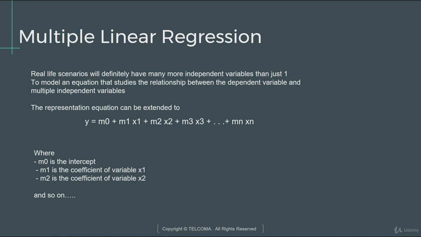Simple linear regression is actually too simple in nature. You won't really find tangible use cases for them in real life. Most use cases of supervised machine learning under regression will be a part of multiple linear regression, where you can just say the equation is determined as y is equal to m0 plus m1x1 up to mnxn, where n is the total number of independent variables.